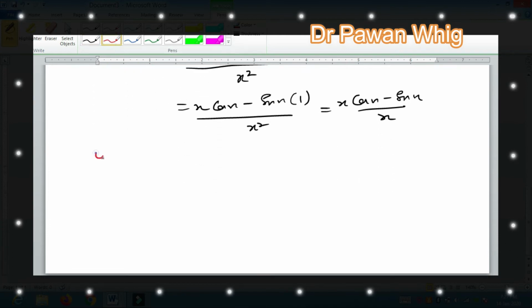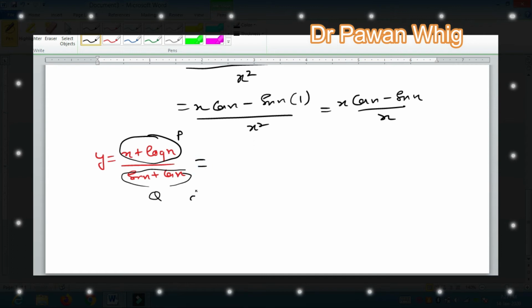Let us suppose the question is like this: x plus log x upon sin x plus cos x. You need not be worried. Consider the whole expression x plus log x as p and this as q, and simply apply the quotient rule.